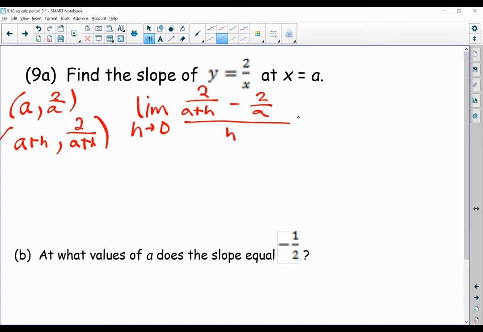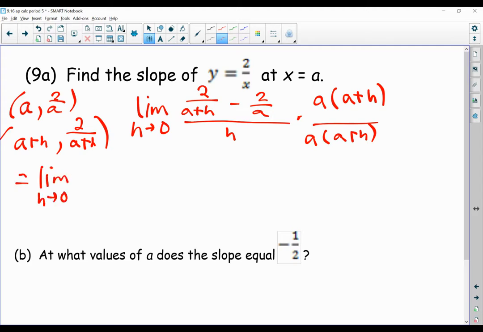So what I'm going to do is multiply both the top and the bottom by a and a plus h, because that would be the common denominator. There are other ways of simplifying these that you might be more comfortable with. This is just the way I found is the fastest for me. So I distribute this to both terms.